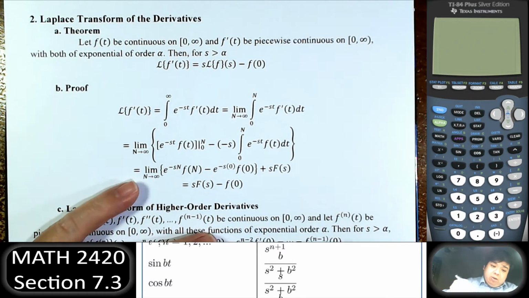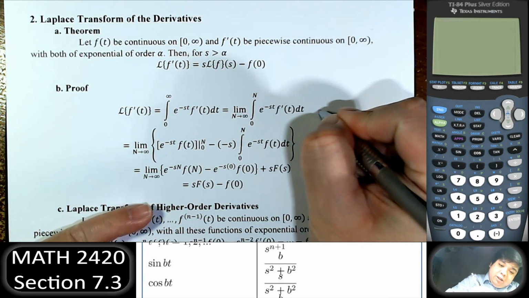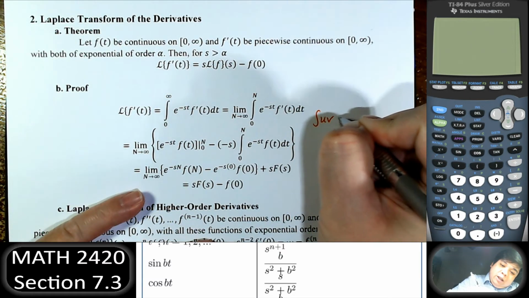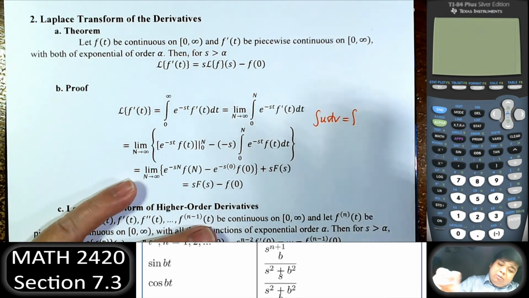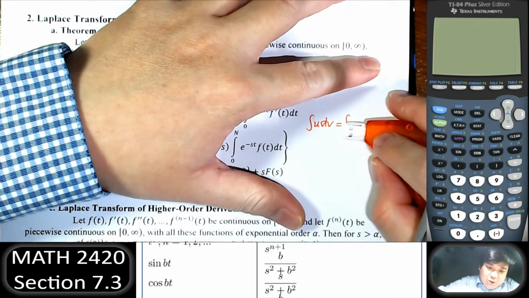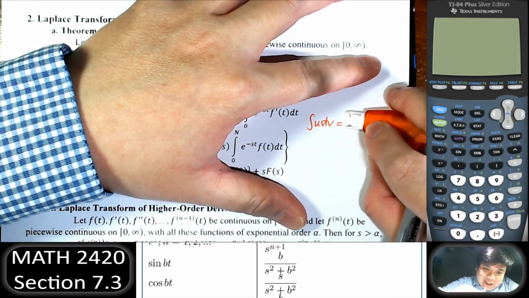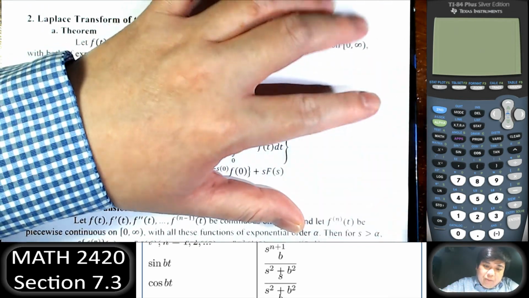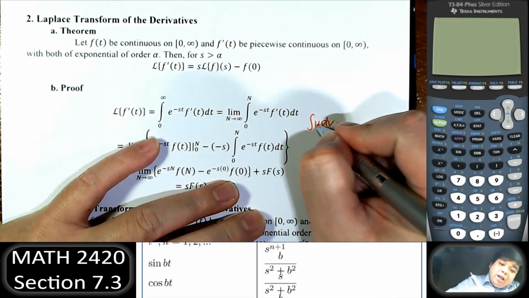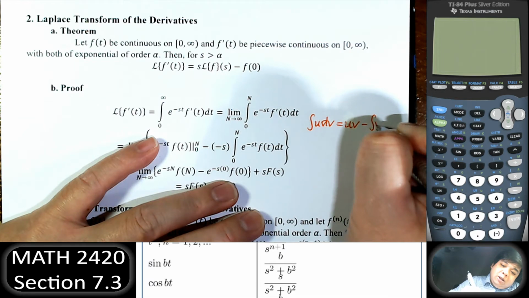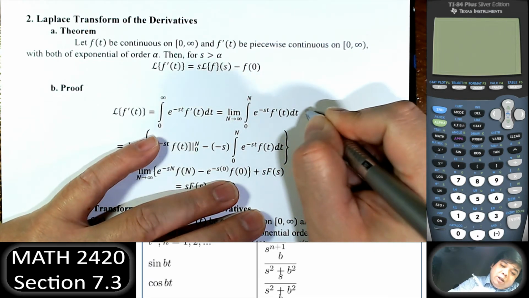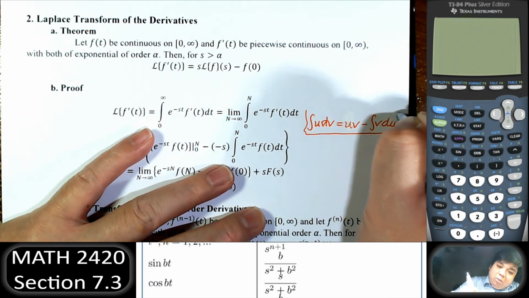Let me write out the integral of u dv. I need to slow down. Integration by parts. The integral of u times dv is uv minus the integral of v du, right? So that is integration by parts.